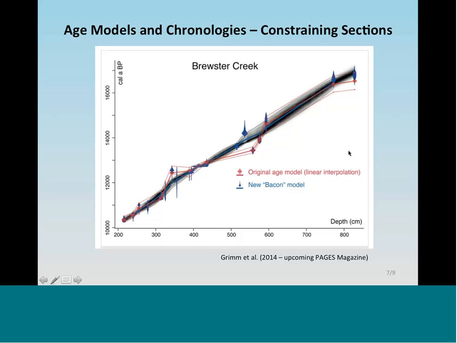So this is a figure from an upcoming paper in PAGES magazine from a workshop in Belfast. It was contributed by Eric Grimm, and it's a comparison between a traditional sort of age-fitting model, the red line, and this new Bayesian approach from a piece of software called Bacon, that's the blue line.